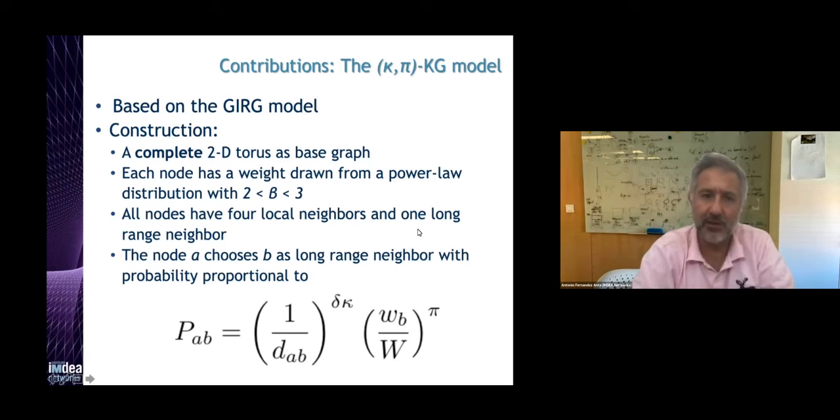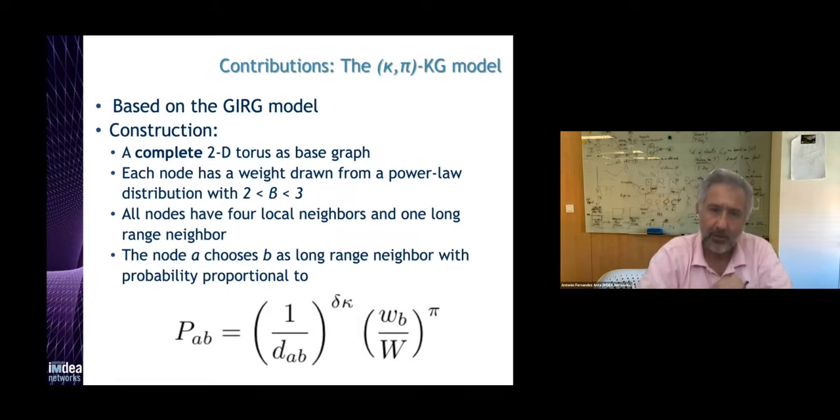So every node is going to have 4 local neighbors, and it's going to choose one long range neighbor. Of course, if it's chosen by others as their long range neighbor, those links will also be there. We assume that once a link is created, it's bidirectional. So it's not like you can only route in one direction.